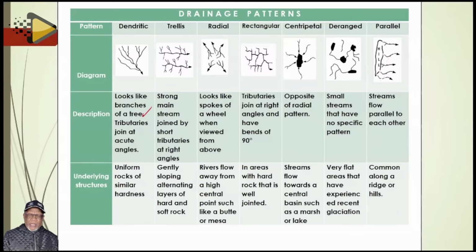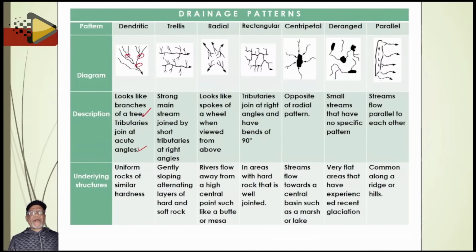It does not look like a tree, but like the branches of a tree, because different trees will have different shapes, but the branches inside a tree look more the same. And the tributaries join the mainstream at an acute angle. So those are the characteristics.